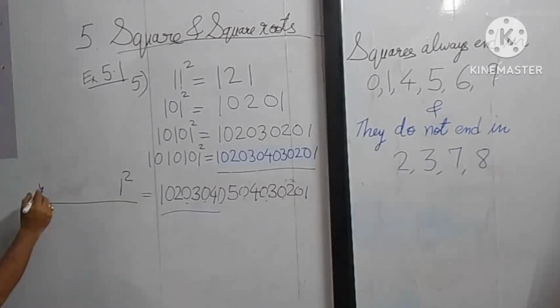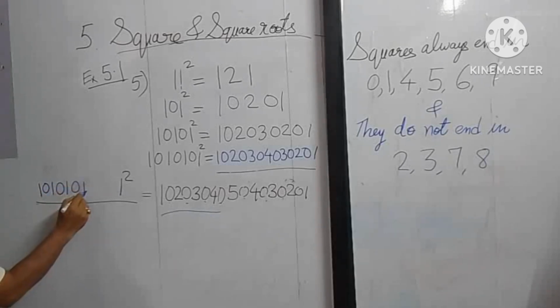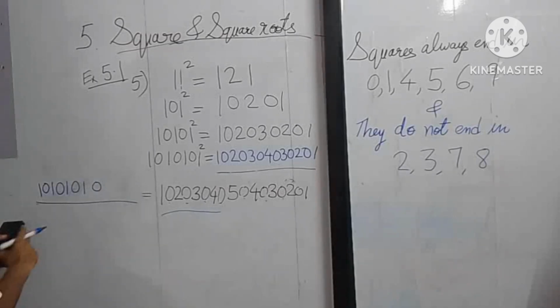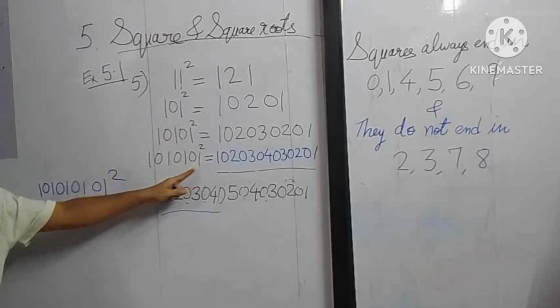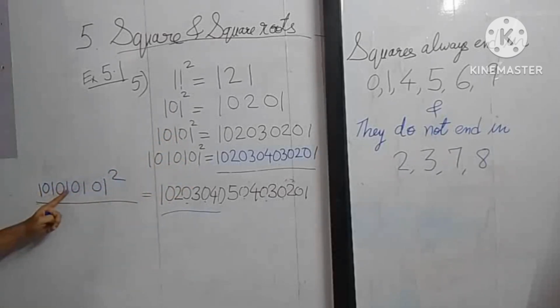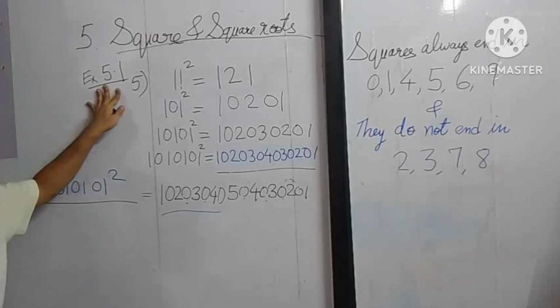Alternate zeros: first 0, second 0, third 0, fourth 0. The number over here would be 1 0, 1 0, 1 0, 1 0, 1 square. Look at the pattern over here. 1, 2, 3 and 4 zeros. So this is the pattern we observe in this exercise 5.1.